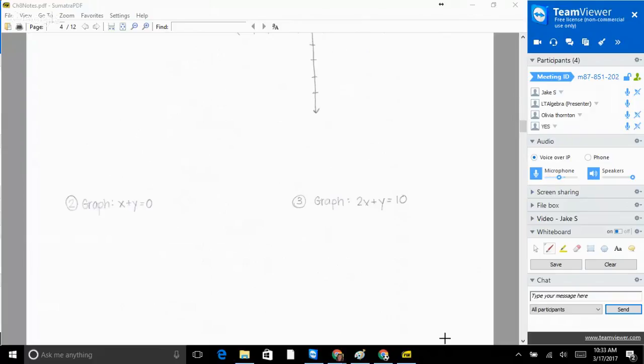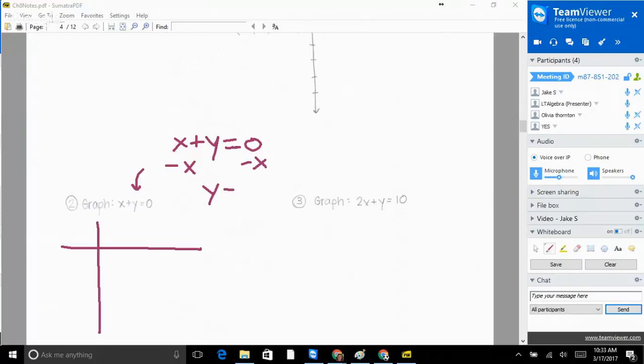Okay, so what do I mean by that? What I mean is that we're going to use a chart to help us out. Okay? And the way I like to do this is I like to solve for y. So if I wanted to solve this for y, what would I do? If I have x plus y equals 0, okay, I can subtract x from both sides, and I get y equals -x.